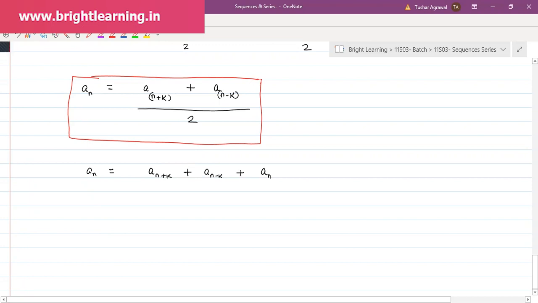Similarly, from AN only I'm starting, everywhere I'm starting from AN only. So N plus K and N minus K, N plus, let's say, M and AN minus M, their addition, upon 4. Now here I will have to take 4. That is the only thing.